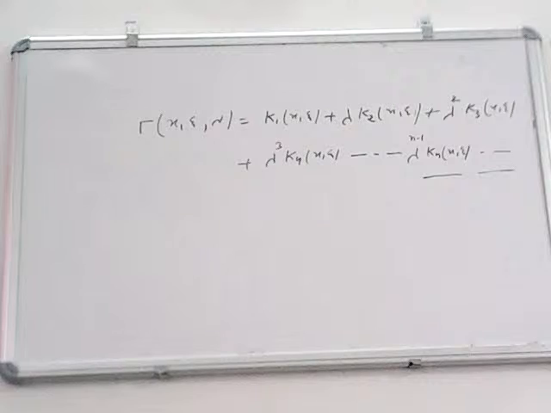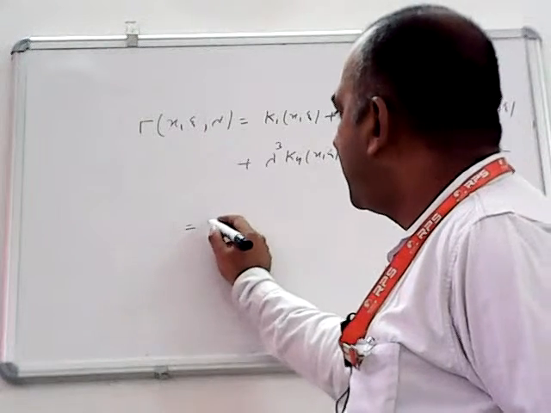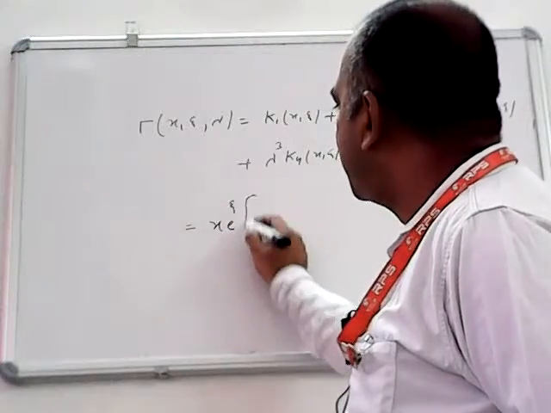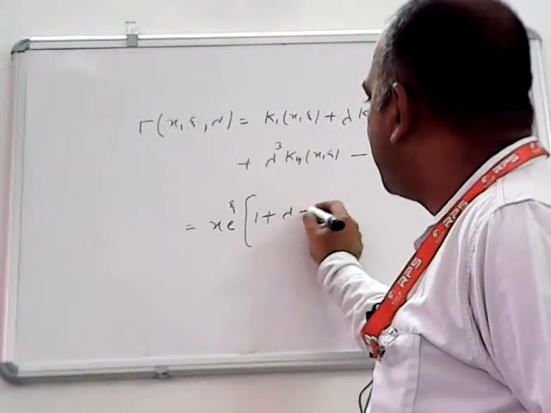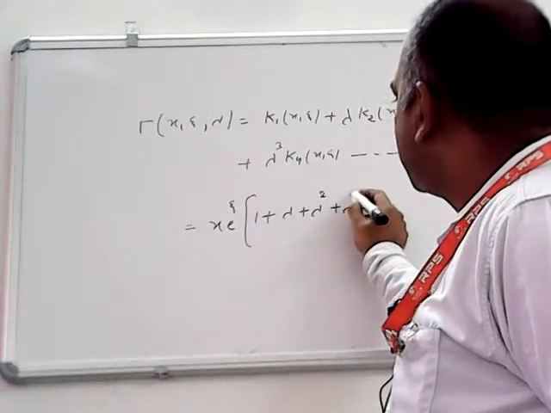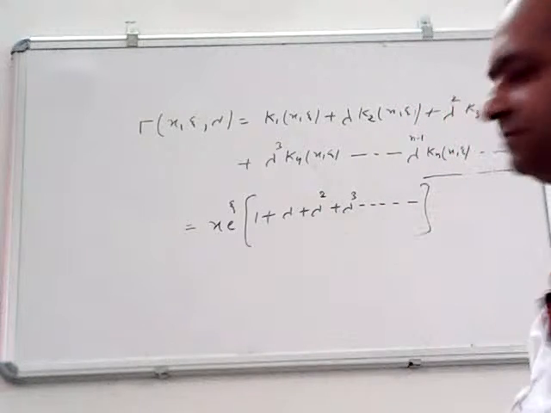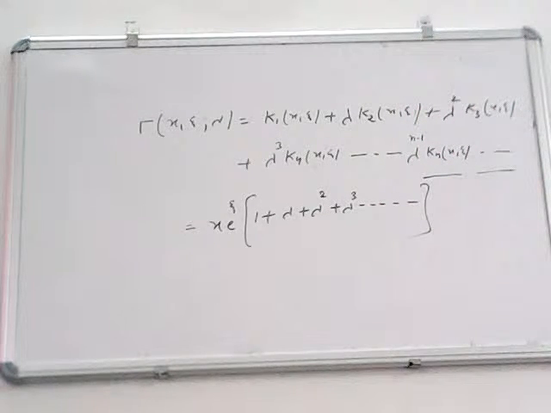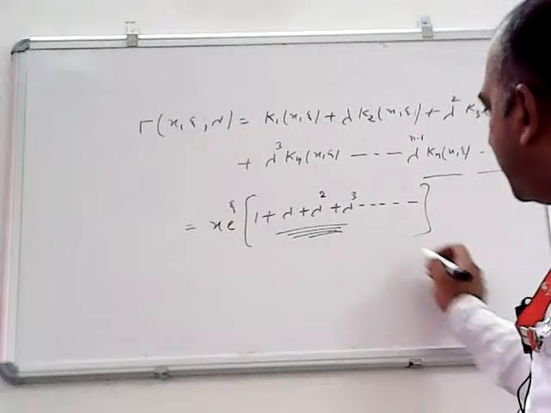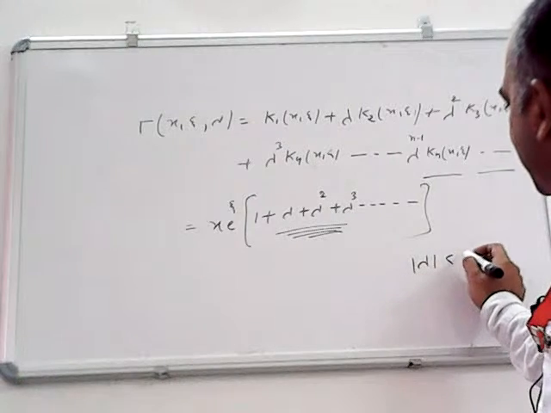When we put the values of K1, K2, K3, all the values are the same, so we have x e^xi common. Inside we will have 1 + lambda + lambda square + lambda cube, and so on up to infinity. You can see that this is an infinite GP. This series will be convergent only if modulus of lambda is less than 1.